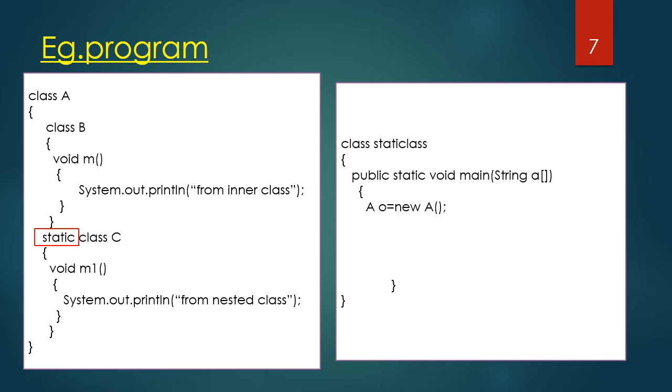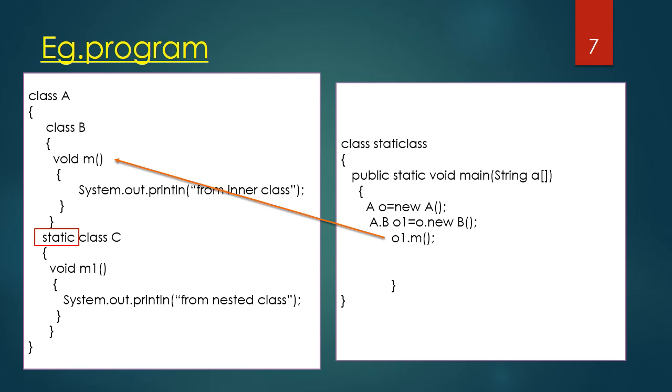This is the way of creating an object of the A class, and the object name is O, and using that O we create an object of B. So here, O dot new B. This is the way of creating an object of the inner class. Now using that O1 we can call the M method. Then it goes to the M method, and we get output from inner class.